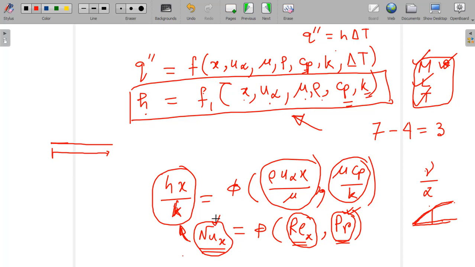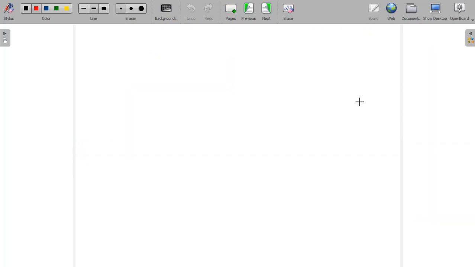Now the Reynolds number, you know, is the ratio of inertia to viscous effect, and for the Nusselt number, let us try to understand its physical significance. As we have seen, the Nusselt number is equal to hL by k.